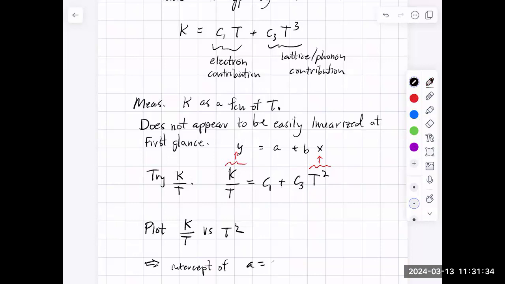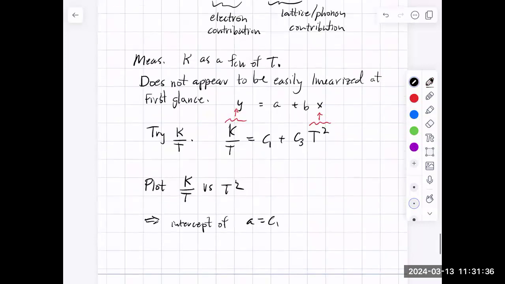So A is equal to C1, and it would have a slope B equal to just C3. So in fact, that's very easy. As soon as we do our fit, we don't have to do anything else. The intercept and its uncertainty gives the first coefficient and its uncertainty. The slope and its uncertainty gives us all the information about the second coefficient, C3.